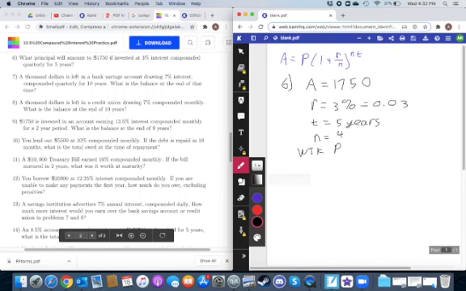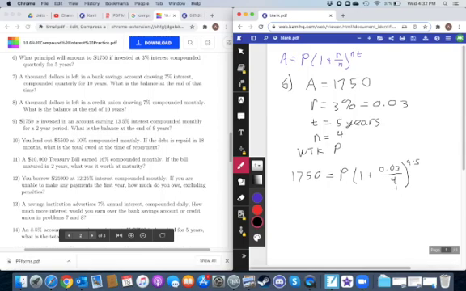So let's go ahead and plug everything that we have in. 1750 must equal something times 1 plus 0.03 over 4 to the 4 times 5 power. And we can simplify the stuff that's on our right-hand side.